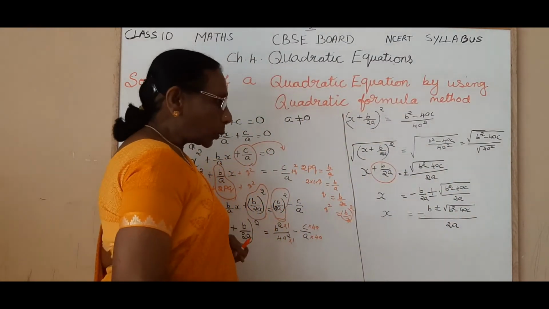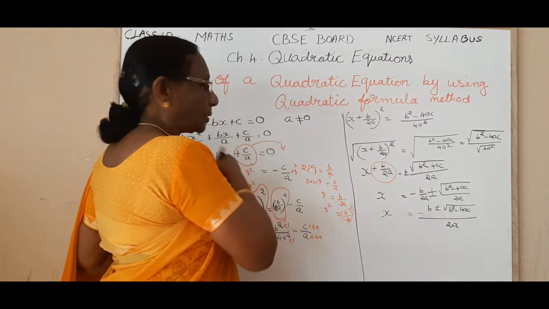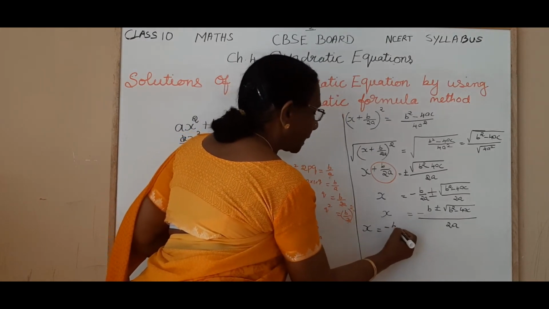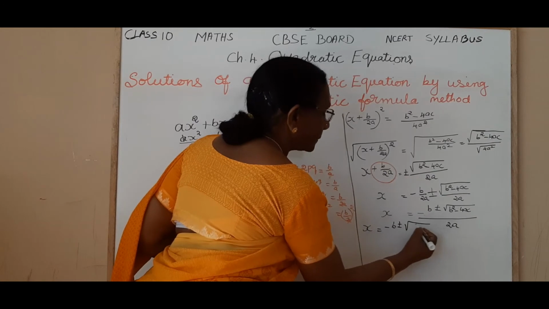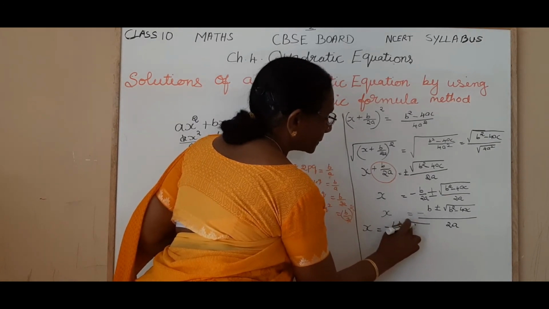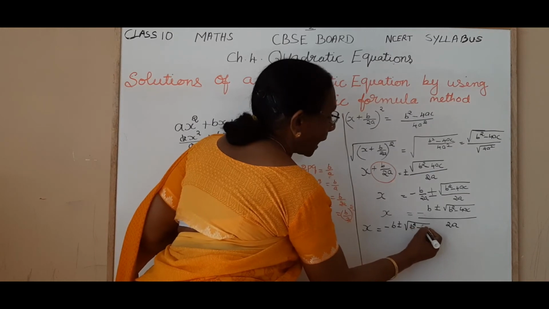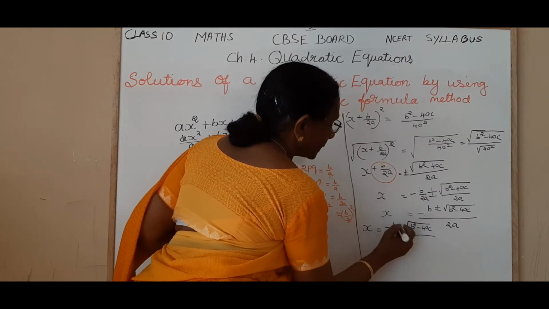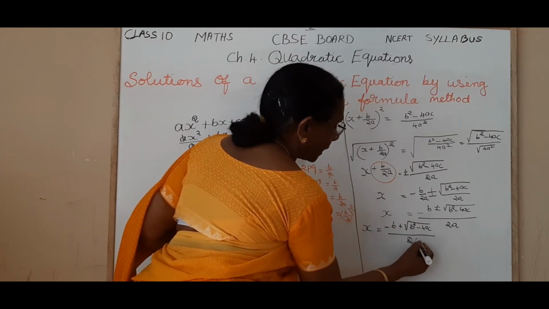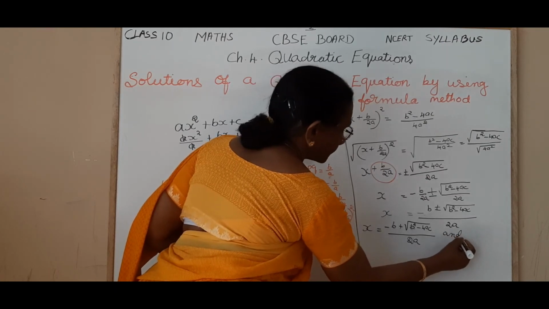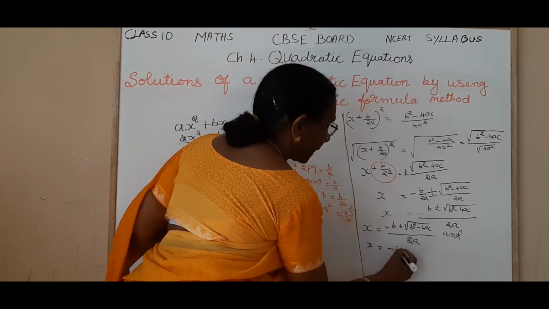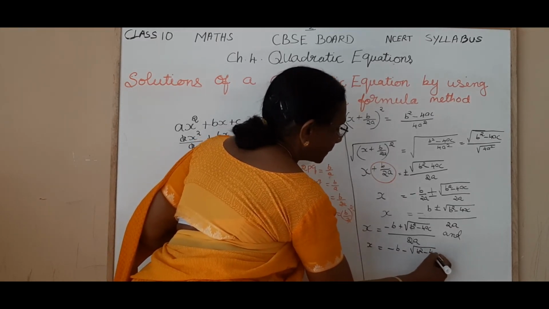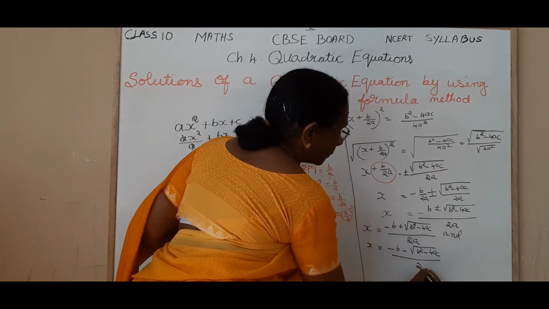So what are the two roots of this quadratic equation ax squared plus bx plus c? X is equal to minus b plus root of b squared minus 4ac by 2a, and x is equal to minus b minus root of b squared minus 4ac by 2a.